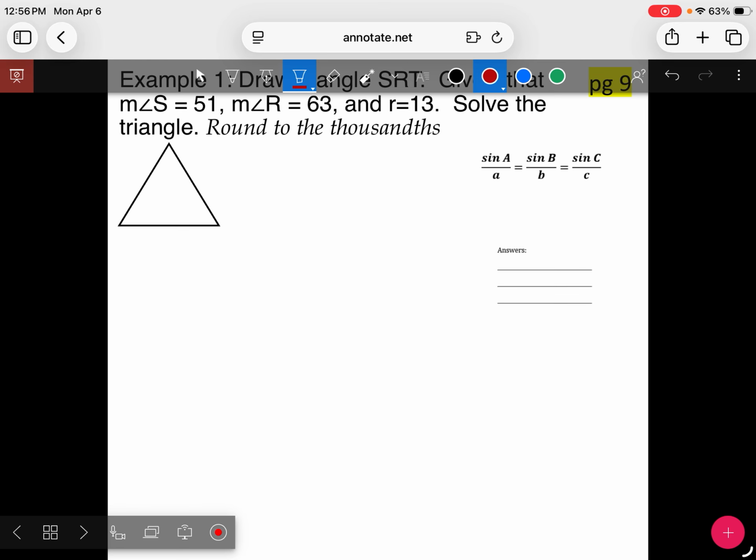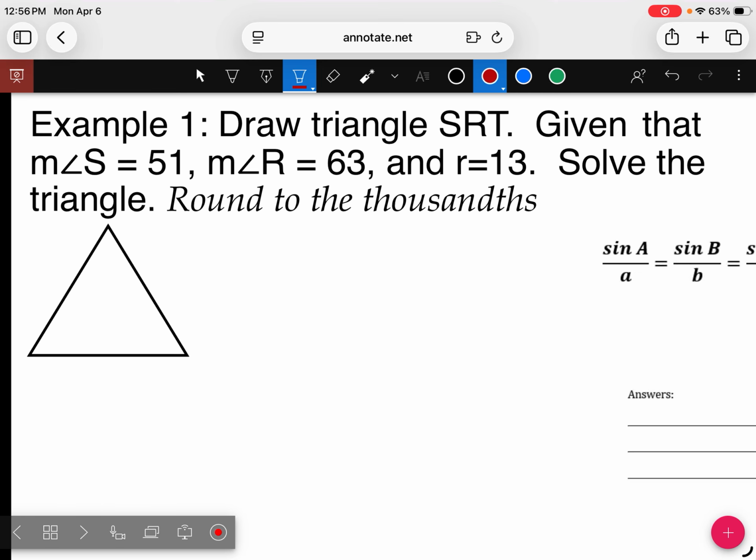All right, so let's get started. Example 1. So we got our triangle SRT. Let's go ahead and draw it out. Triangle SRT. Remember, angles are inside. So both of these are angles, which means that these are inside. Sides are on the outside.